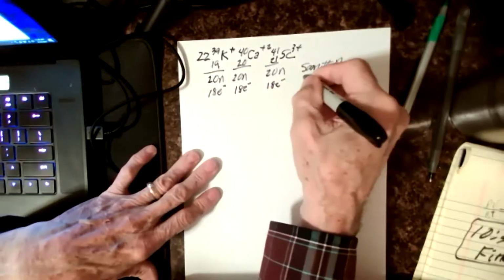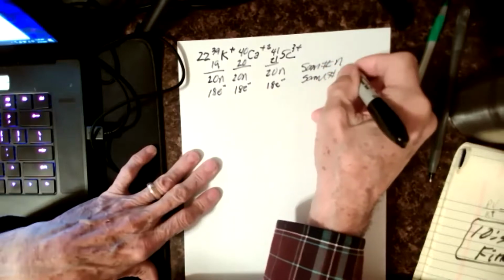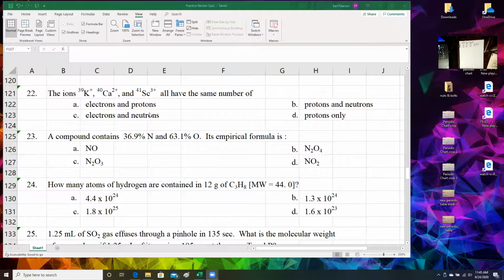And so they have also the same number of electrons. So it says they have the same number. And if we go back to our share screen to look at the answers, it has the same number of electrons and neutrons.